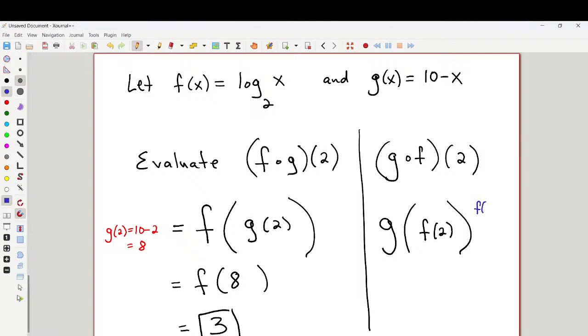And we'll say f of 2 is the base 2 logarithm of 2, which makes 1. So it's like now we have 1, and g's like, all right, I'm going to use it. 10 minus 1, 9.